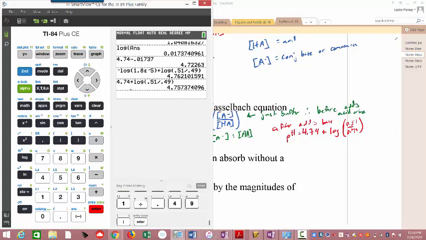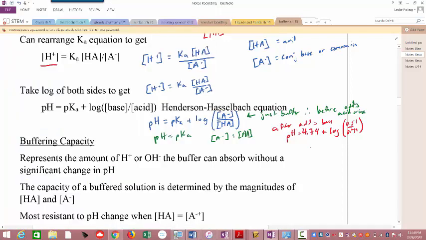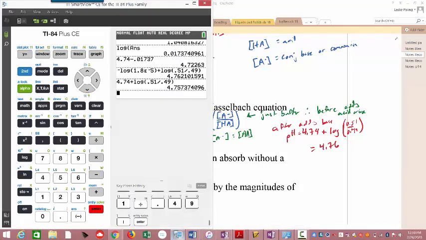Because look, when I put in 4.74 plus log of 0.51 over 0.49, I get 4.76, which, doing it the other way, we got 4.77. That's just a rounding issue somewhere along the way. Or, as you can see in the previous line on the calculator, I literally put in pKa plus the log of the acid over the base.